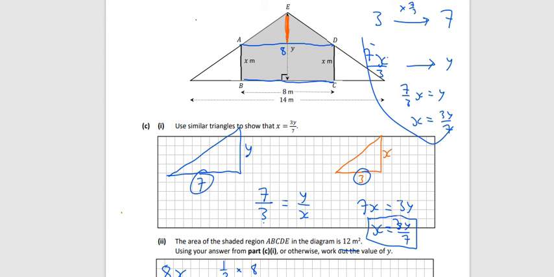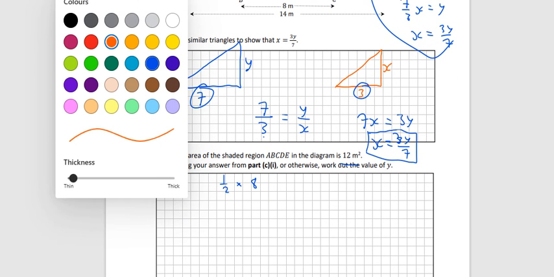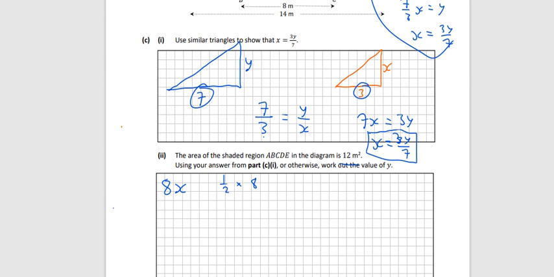So if you think about what that is, that's going to be y, because we know y is the whole way up, and we're going to take away x, because x is that much up there. So it's going to be y minus x. So it's a half multiplied by 8 multiplied by y minus x. That's the same thing as a half times 8 is 4 multiplied by y minus x.